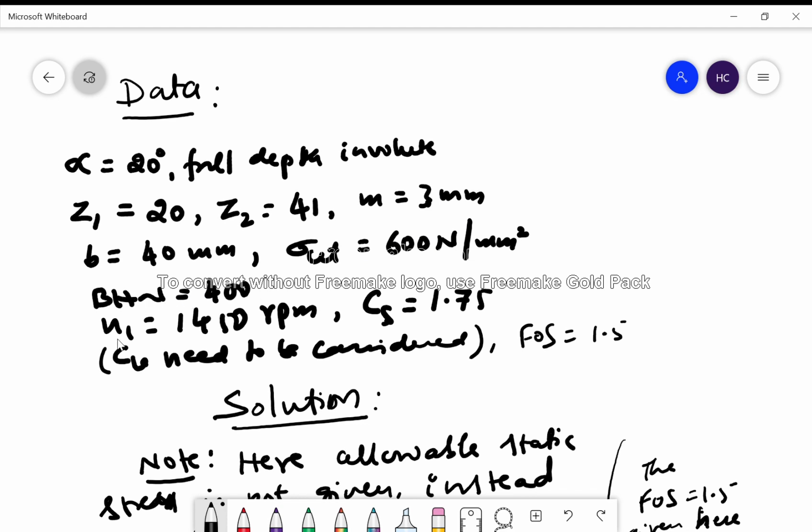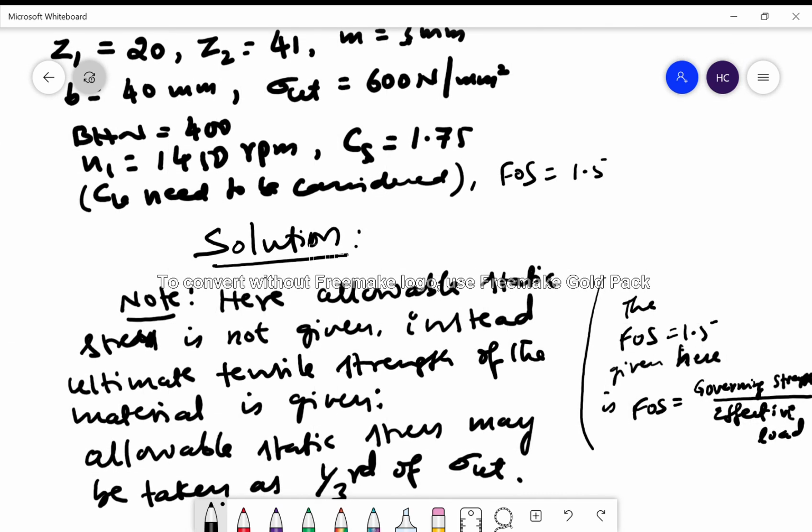Bhn is 400. Speed of pinion is 1450 rpm. Service factor Cs is equal to 1.75. Cv, velocity factor, needs to be considered and factor of safety is 1.5. Solution.